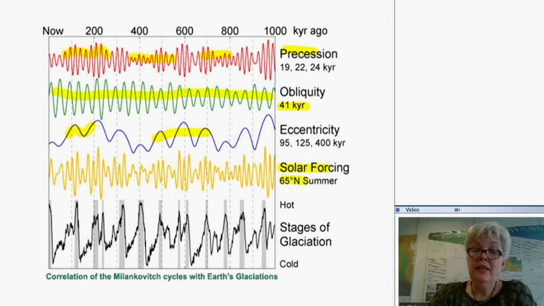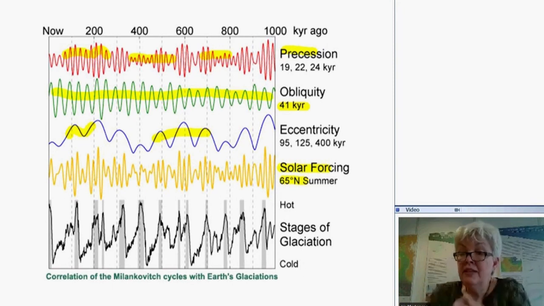They correlate very well with the Earth's glaciations. Actually, not only in the past 2.5 million years, but for a very, very long time, this has been the situation on Earth. It doesn't always turn into ice ages, but it always gives climate changes.